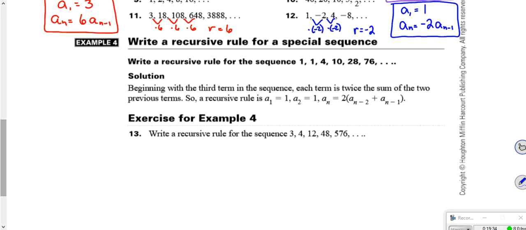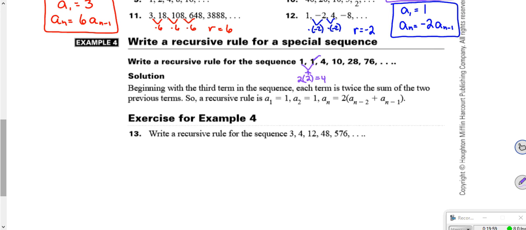So here's what they did. As I look down through here, if I add these together, I get 2. That's a plus. But then if I take 2 times 2, I get my 4. Well, let's try that on the next 2.